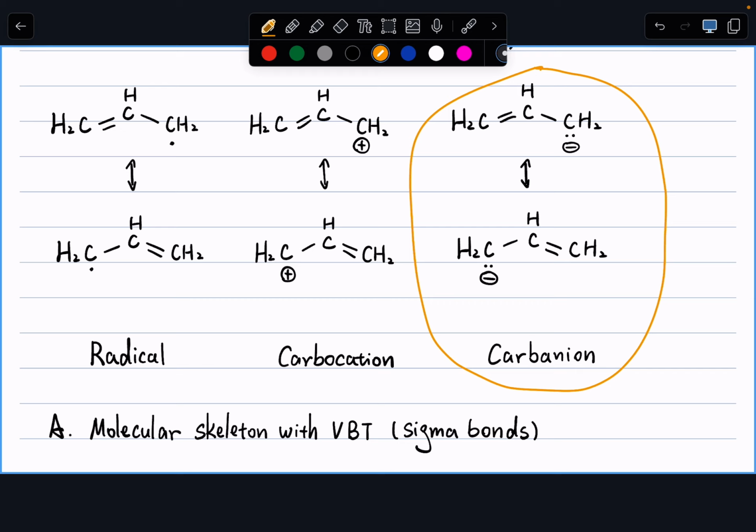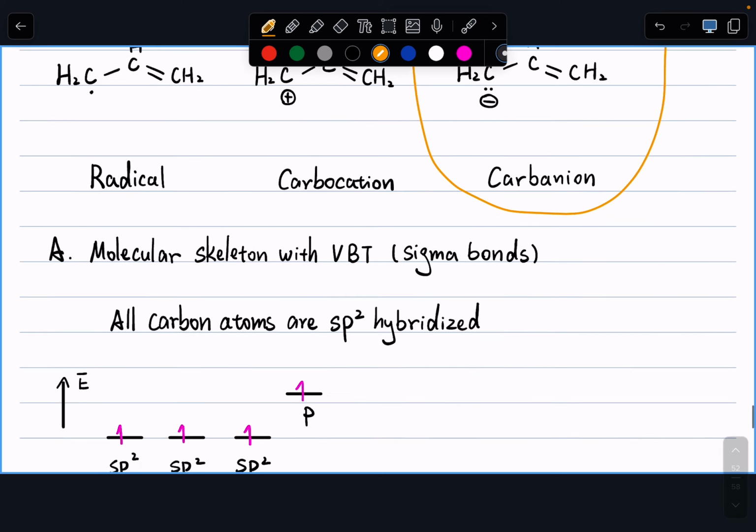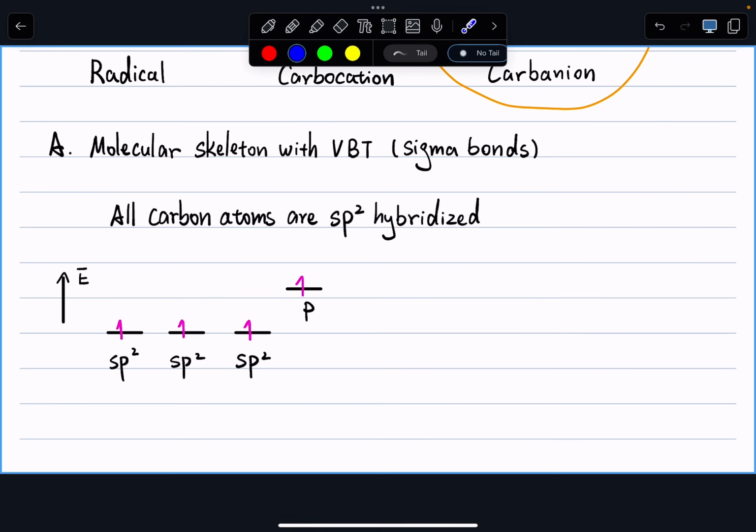All right. So in the bonding theory, let's get started by constructing the molecular skeleton. Remember, when we were talking about the two bonding theories, you have LCAO-MO, and then you have valence bond theory. Now, valence bond theory is very good at constructing sigma bonds because the bonding using valence bond theory is localized.